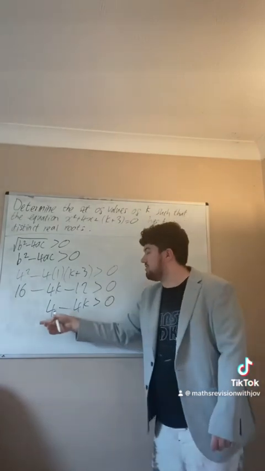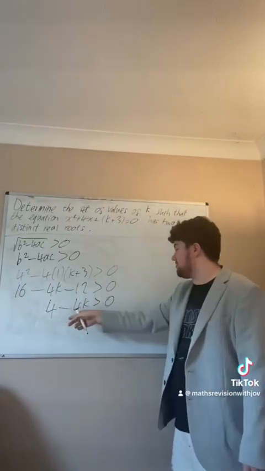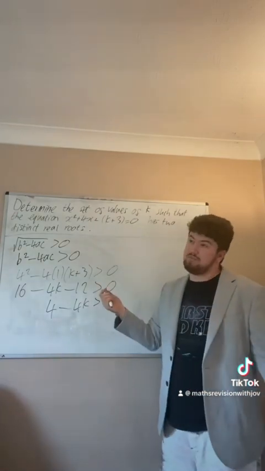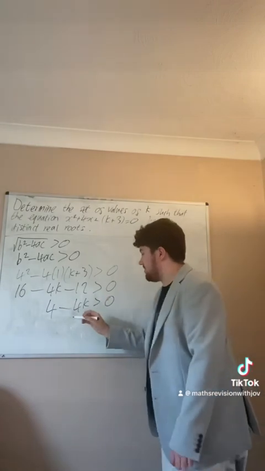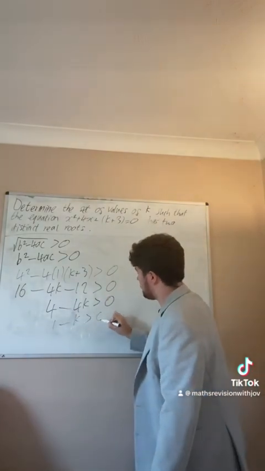We can actually divide by 4 here if you want. You don't have to, you can simply just move the 4k onto the other side, but for the sake of looking nice, we will divide by 4, so we get 1 minus k is greater than 0.